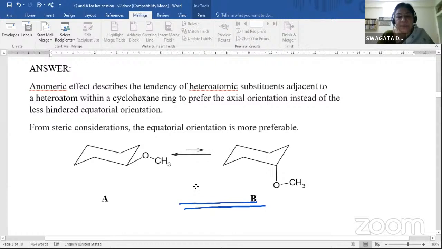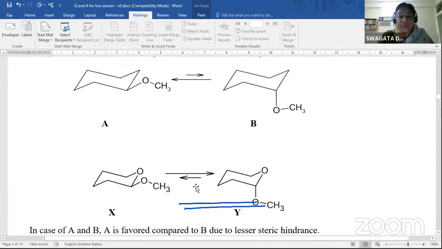So how would the functional groups that are attached to the basic ring preferably be in the molecule when we consider the steric considerations? Here in this case, there are 2 ways. We have one in an A and B set, and one in an X and Y set.